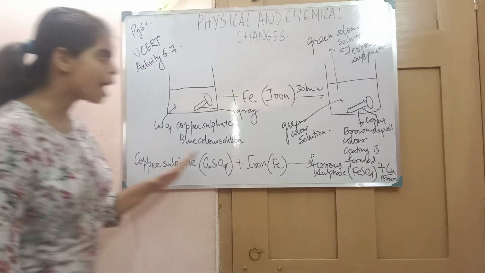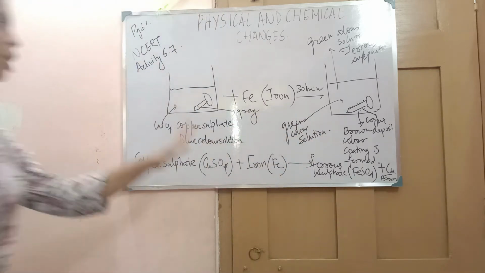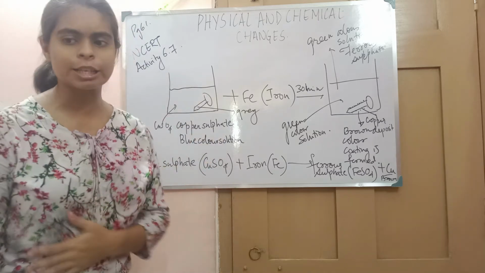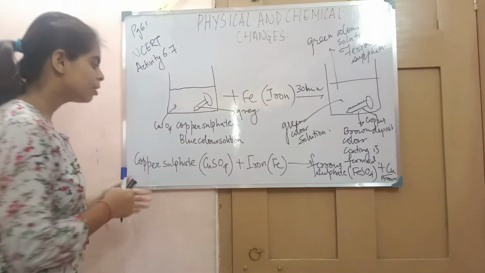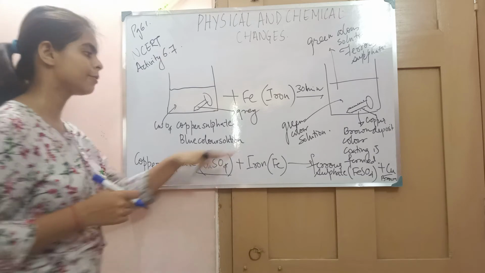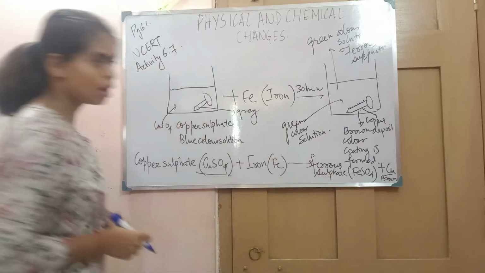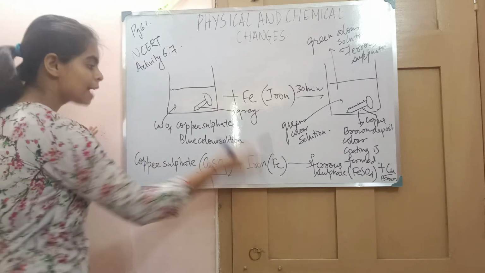Now tell me, we have seen that there is a color change. But what kind of change is it? It is a chemical change, because earlier it was copper sulfate, now it is ferrous sulfate. Compositions are changed, chemical formulas changed, the metal has been changed.